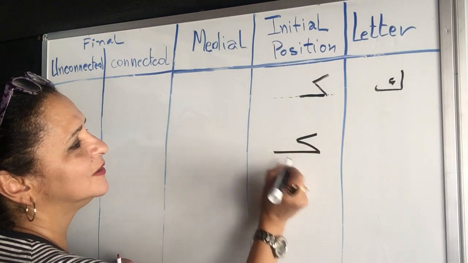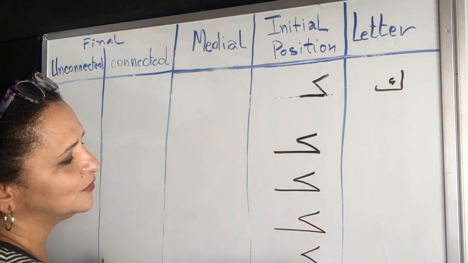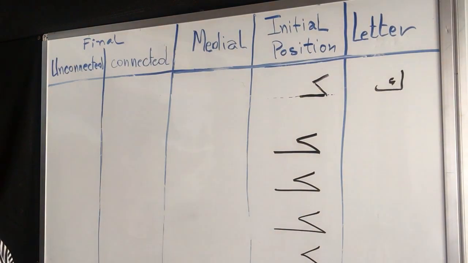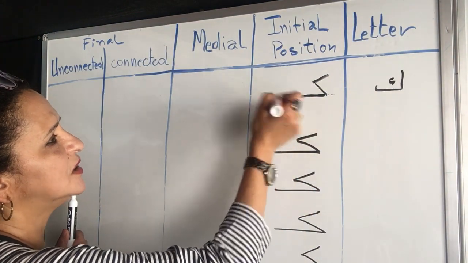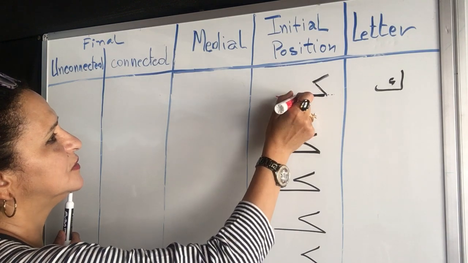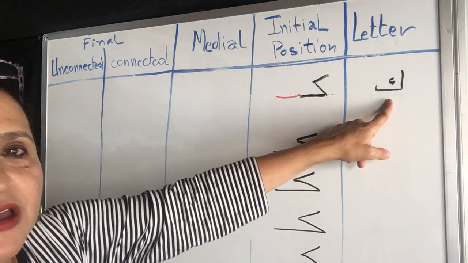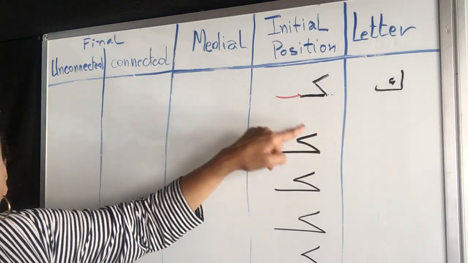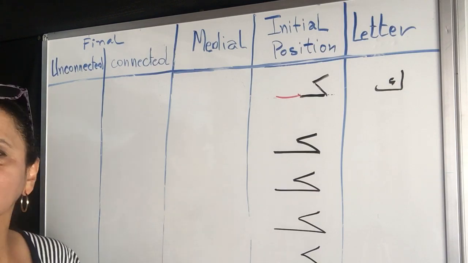This is ka at the beginning of a word, to be connected. So this is the shape of ka by itself, and this is the shape of ka at the beginning of a word, like Karim, Catherine, Carol.